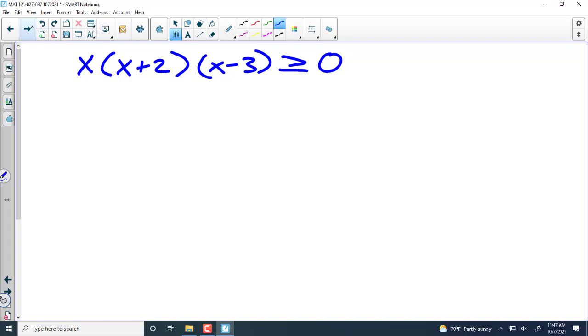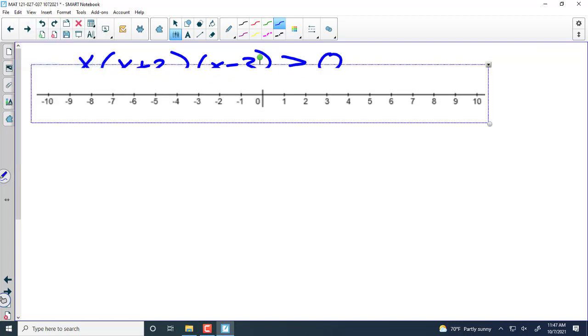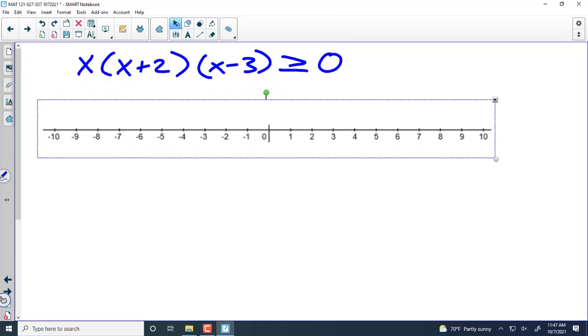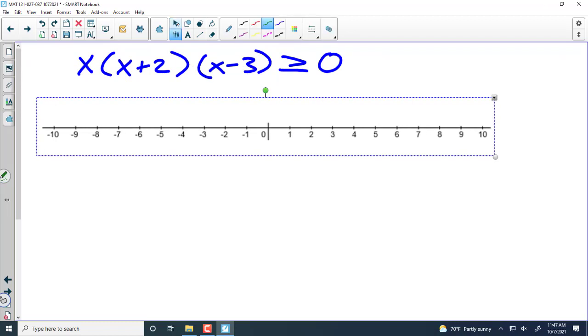Here's what you do. First, you mark your zeros on the number line. Which one do people often forget on this one? 0. It's right there because there's an X in front. So you mark 0, you mark -2, and you mark +3.